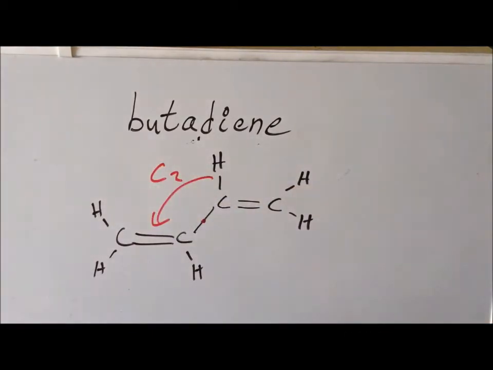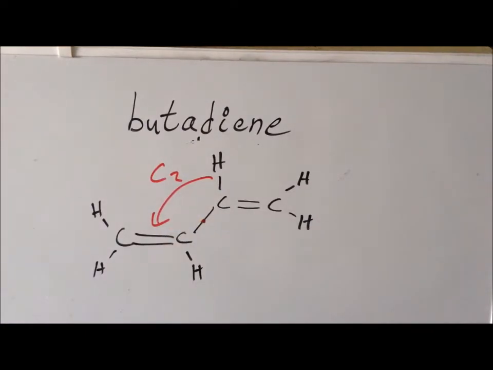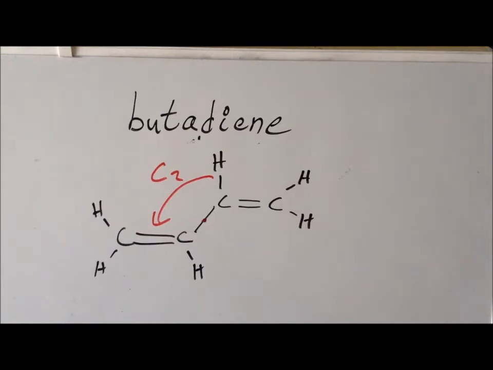Do we have any other symmetry operations? Well, of course, we have the identity because we always have the identity. We also have a mirror plane in the plane of the board because this molecule is planar, again, due to the sp2 hybridization of the carbons. And we notice that this particular mirror plane is perpendicular, normal, to the high order rotation axis, which tells us that we have a horizontal mirror.